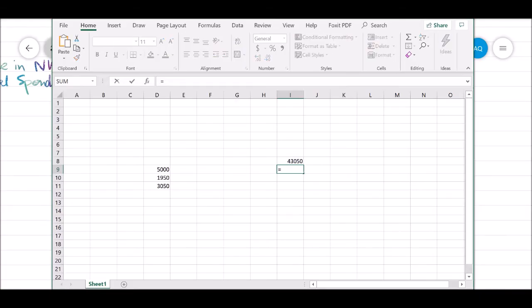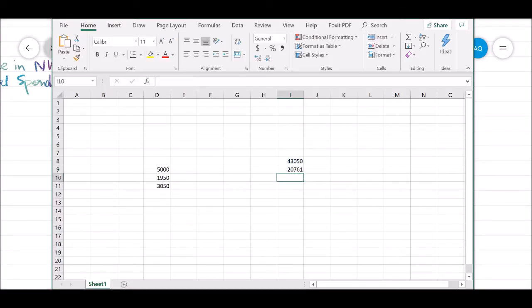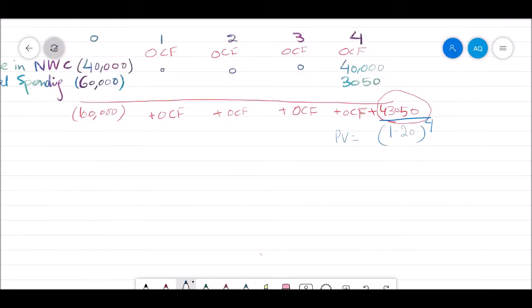So we have to calculate its present value, divide it by 1.20 to the power 4, and we will get 20,761. So its present value will be 20,761. Just like the non-conventional cash flows, like we modified the internal rate of return, we bring this at time 0.